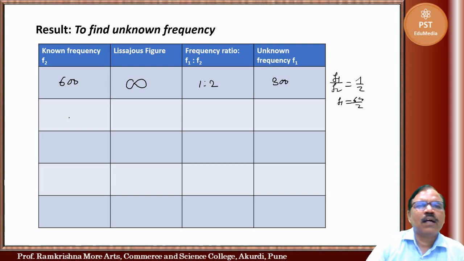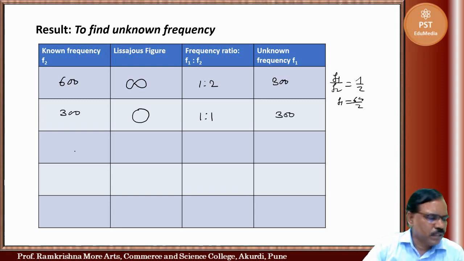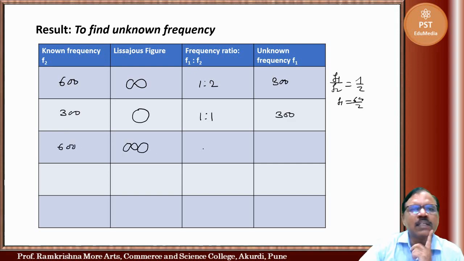Then we have taken a circle here, and the frequency was 300, frequency ratio was 1:1, so the frequency of the unknown source was 300. Then we also demonstrated 3 loops. The frequency along this was 600, loops are along the x-axis, so the frequency ratio is 1:3, and we got 200.